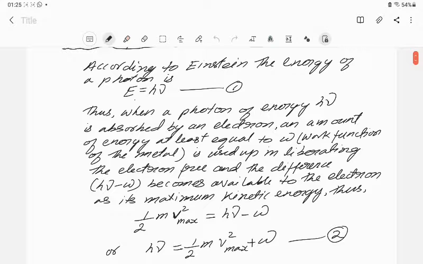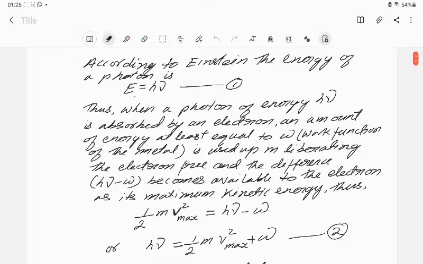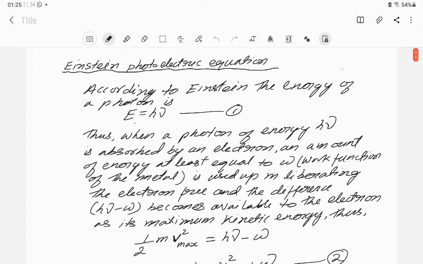And we have also studied that we need a certain frequency, called threshold frequency, to eject an electron from a metal surface. Today we will start Einstein photoelectric equation. If you know what is threshold energy or threshold frequency and work function, then it will be easy to understand this topic.